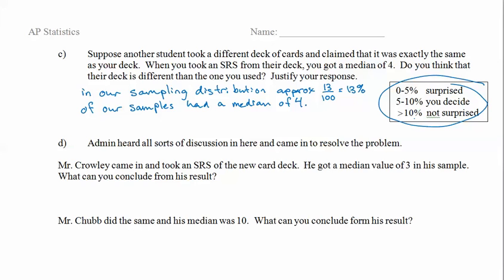If it's between 0 and 5%, then you can start being surprised at getting that result. It's pretty rare. So here, the median of 4 is not particularly unusual, and there is no evidence his or her deck is different.